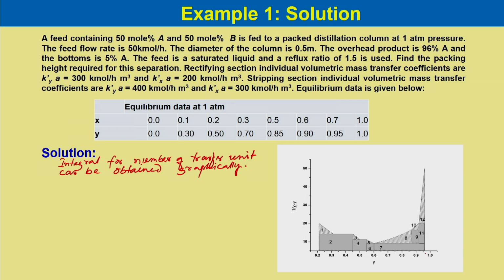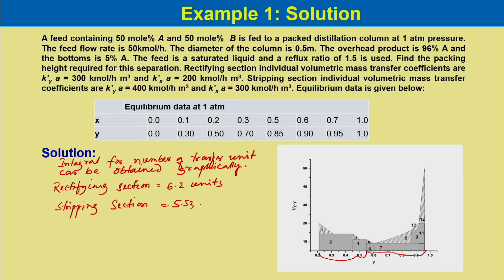For the rectifying section we can obtain it from here, about 6.2 units, and similarly for the stripping section it is about 5.53 units.